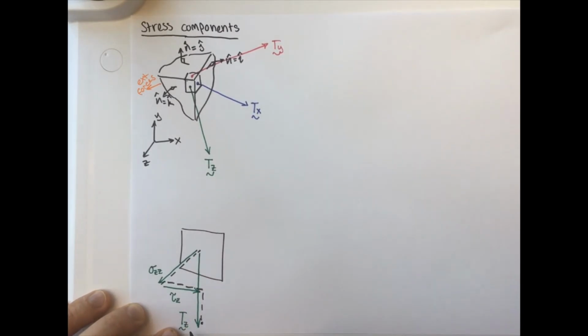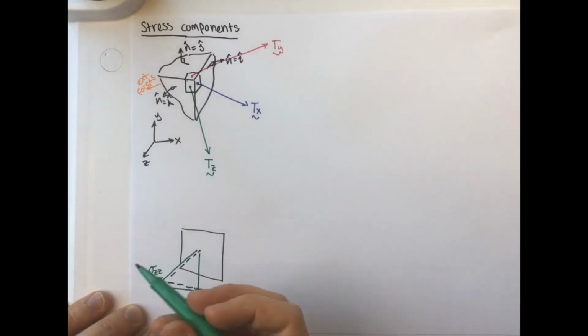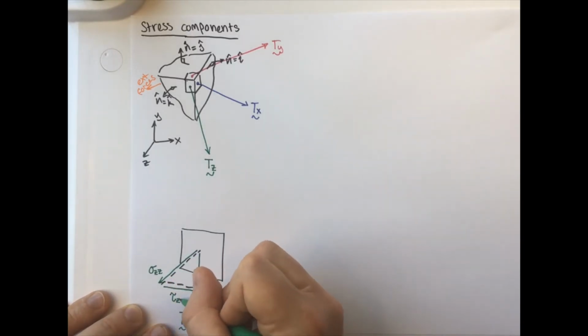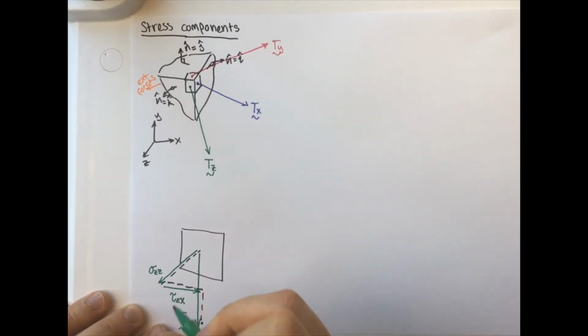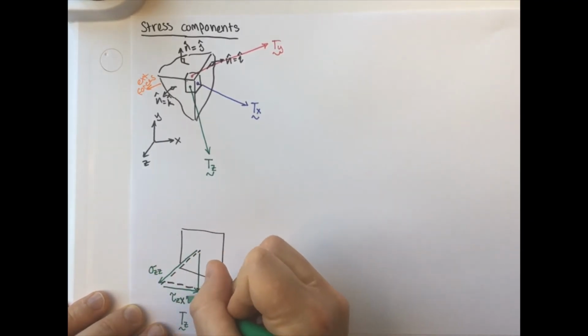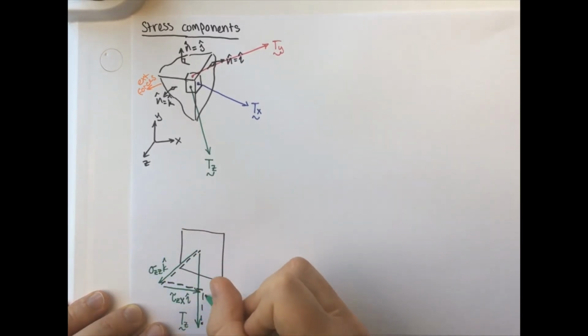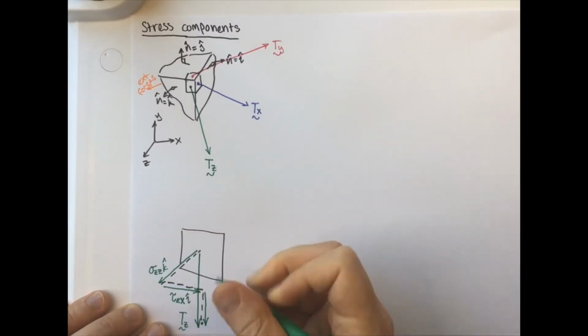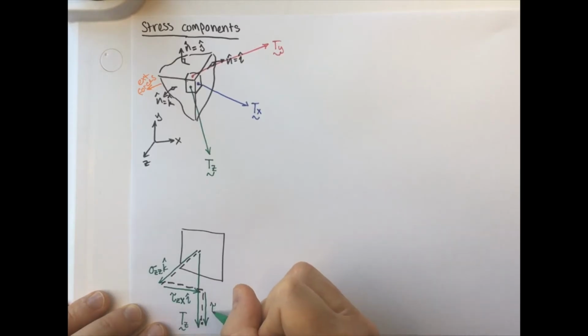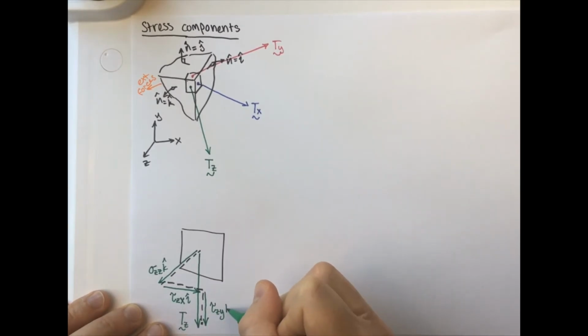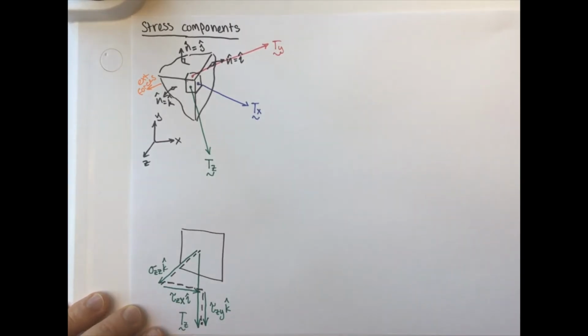It's following the same convention as our traction vector, but now it's the tangential component that's in the x direction, and it's going to be i hat. This should be k hat. And this last vector goes down, and it's going to be tau z. We're still on the z face. It's in the y direction, and so it's going to have a k hat.